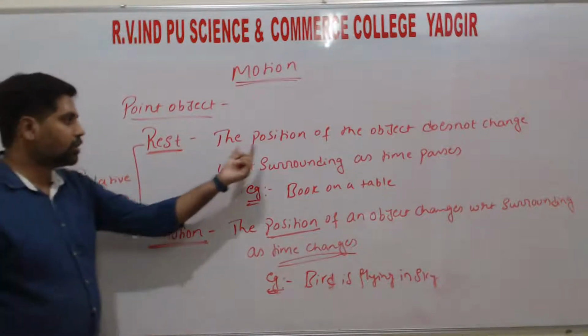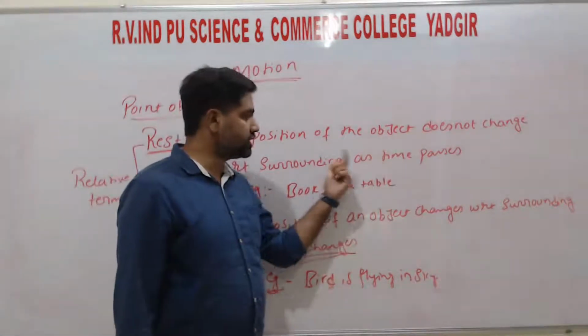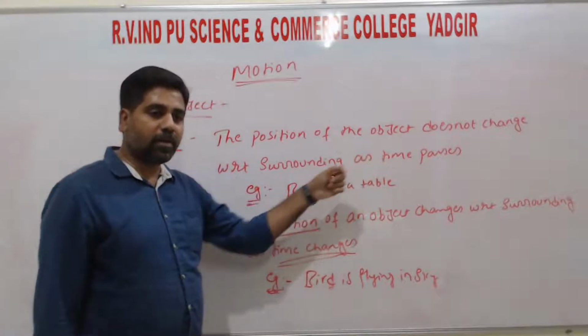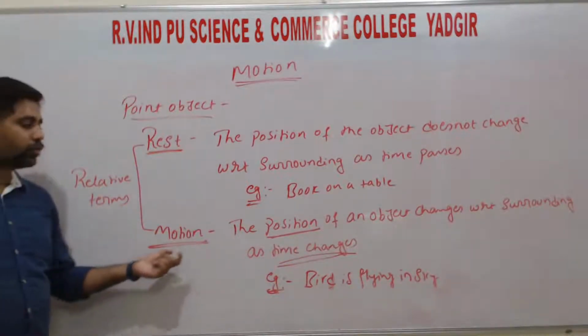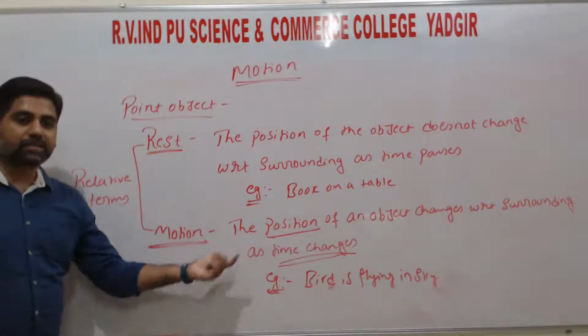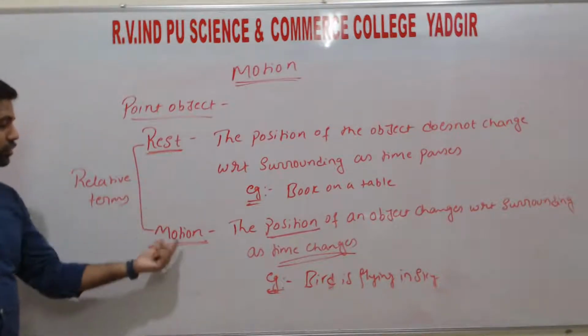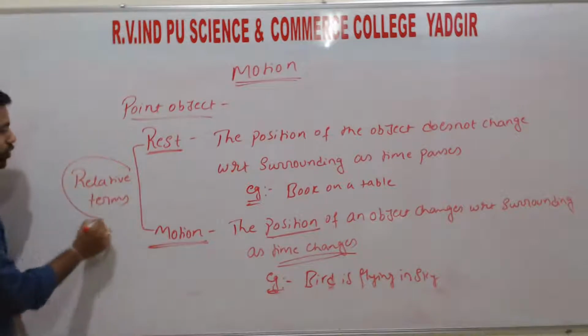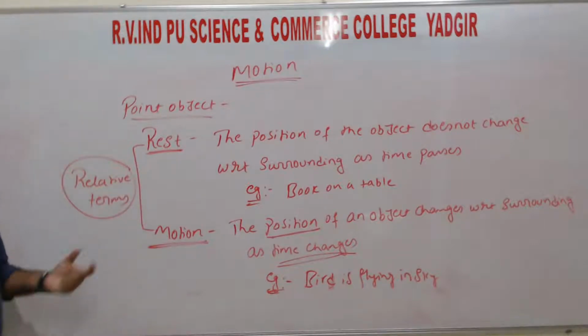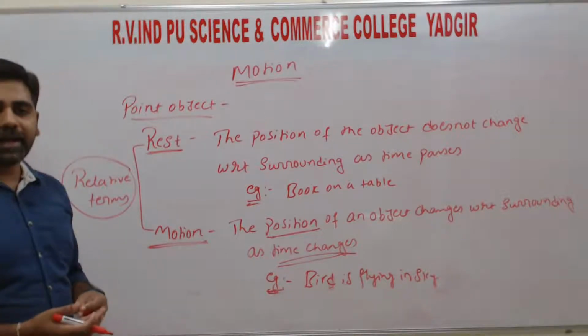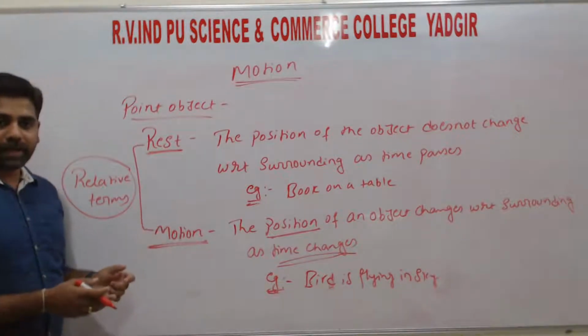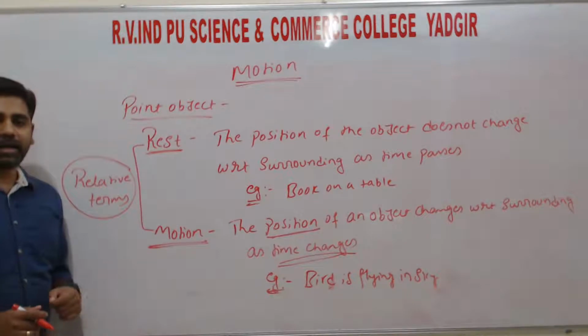Rest is when the position of the object does not change with respect to the surroundings as time passes, and motion is when the position of the object changes with respect to the surroundings as time changes. These two terms are relative terms. Relative means, for example, if we are traveling in a train, for the co-passengers we are at rest.